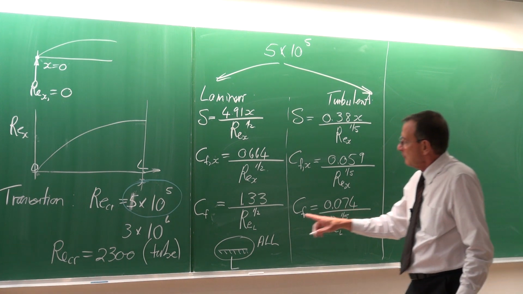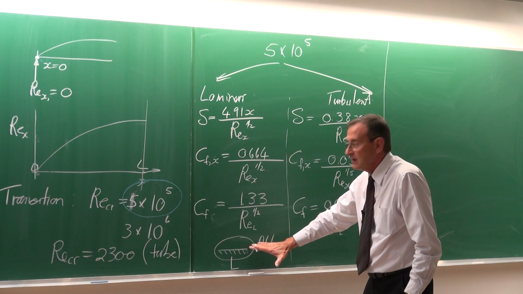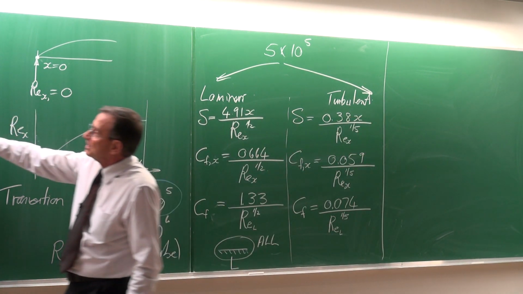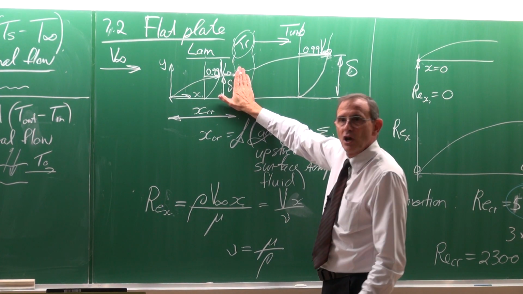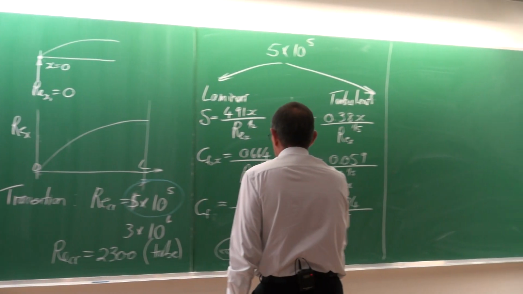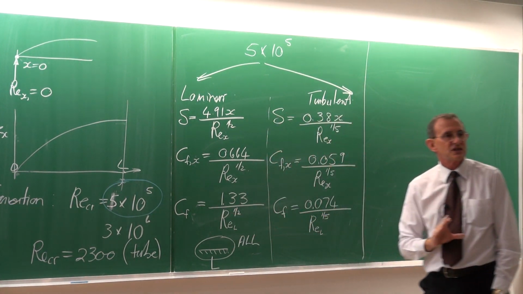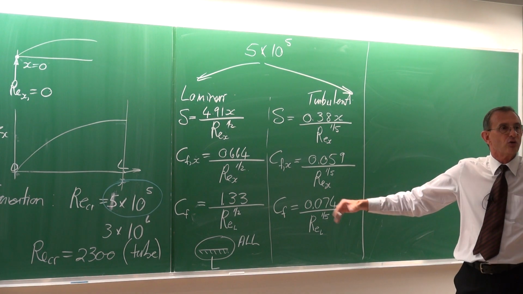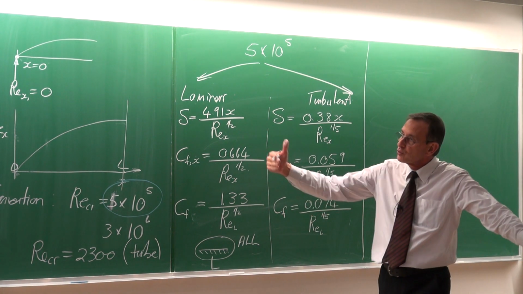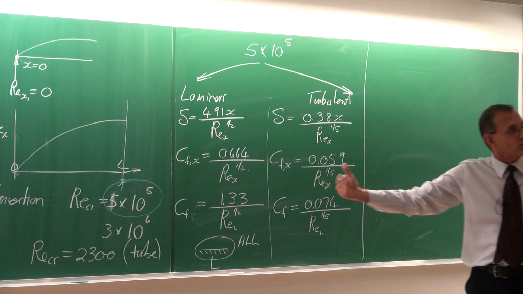So if the flow velocity is low enough that we do not get the transition, and it's always laminar, then we can get the total skin friction drag like this, which is then also the total drag, because we've said that the pressure drag is equal to 0.